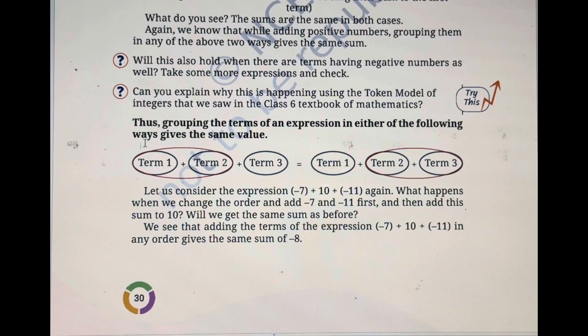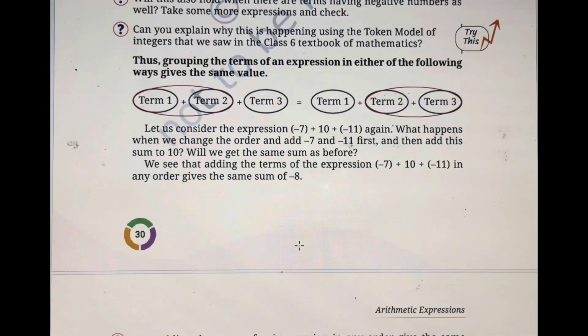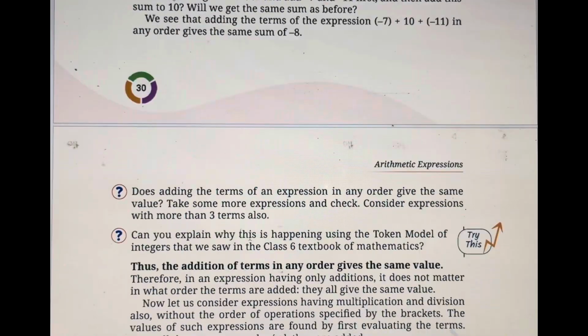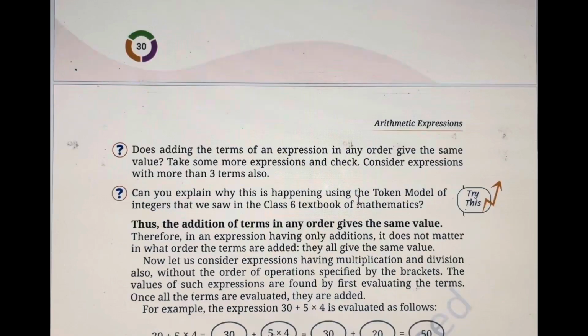First you add term 1 plus term 2, then you add term 3, or first you add term 2 plus term 3, then you add term 1, you get the same answer. As we saw in the question, minus 7 plus 10 plus minus 11, the answer was minus 8, right? So does adding the terms of an expression in any order give the same value? Yes, we saw that and we understood that.